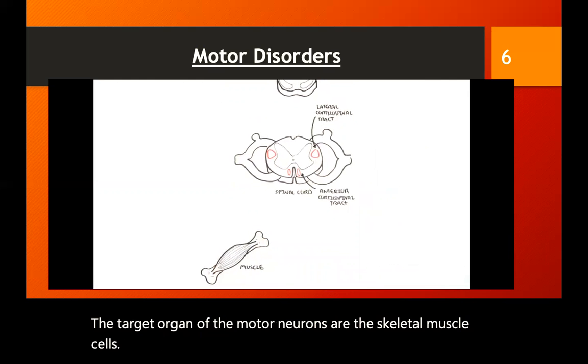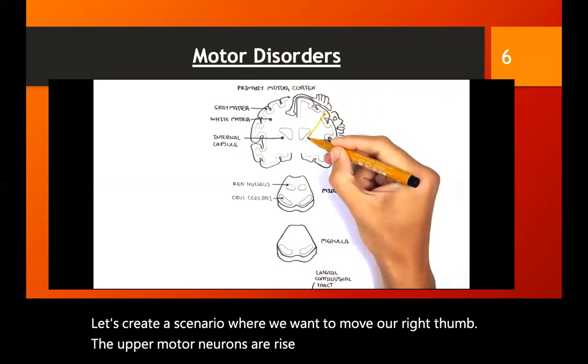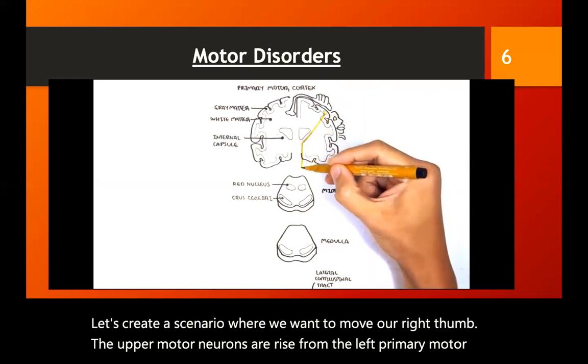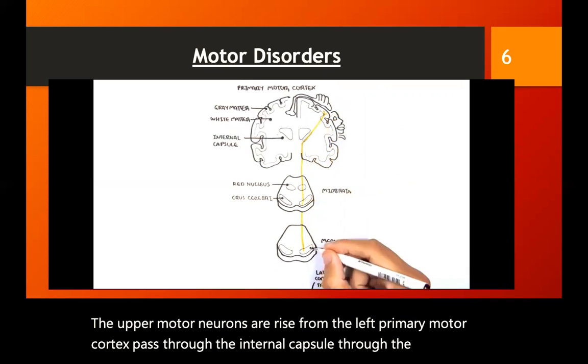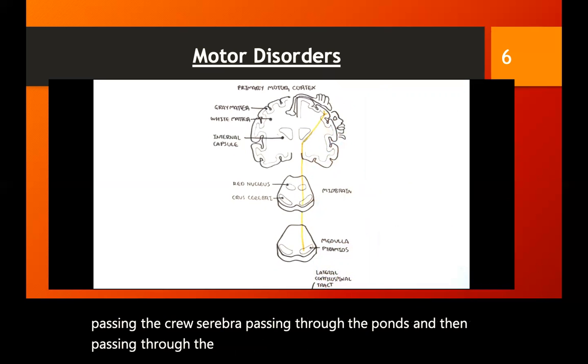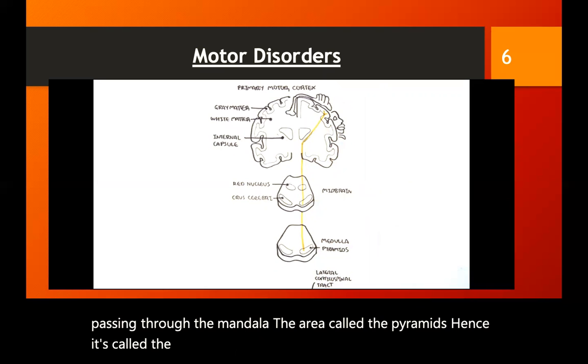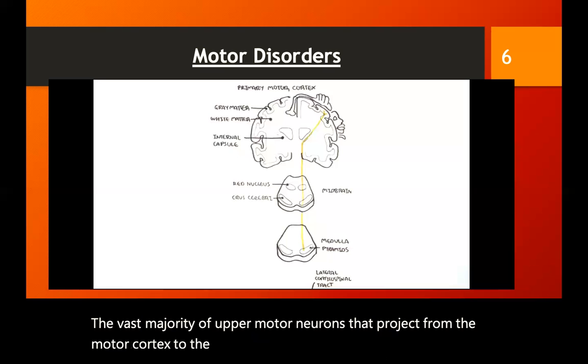Let's create a scenario where we want to move our right thumb. The upper motor neurons arise from the left primary motor cortex, pass through the internal capsule, through the brainstem, passing the crus cerebri, passing through the pons, and then passing through the medulla, the area called the pyramids. Hence, it's called the pyramidal system. The vast majority of upper motor neurons that project from the motor cortex to the spinal cord are contained in the lateral corticospinal tract.